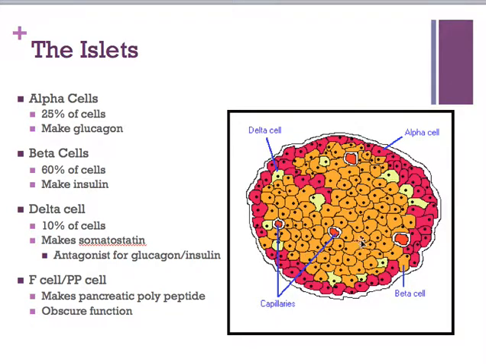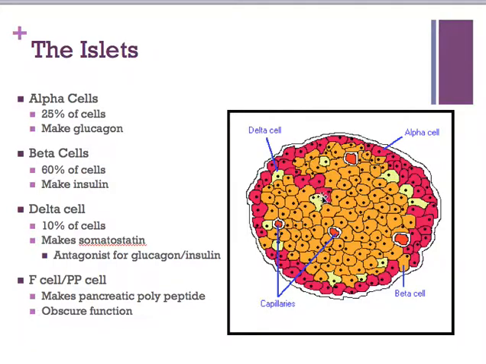The remainder, the largest remainder, are the beta cells. So about 60% of the cells in the islets are beta cells, and those beta cells are responsible for the manufacturing of insulin. The interspersed yellow cells are delta cells. About 10% of them are delta cells, which make somatostatin.